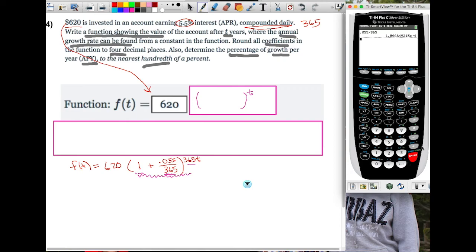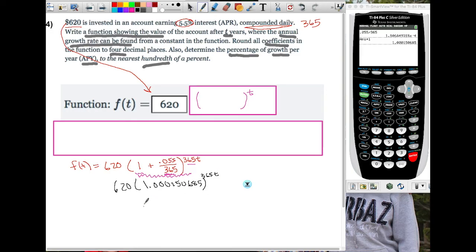So I can reverse the order here, plus 1. So answer plus 1. So that's this base right here. I'm just going to rewrite this so you see this. So this is 620 times 1.0. Do not round yet. 0.0150685. And then my exponent is 365 t.